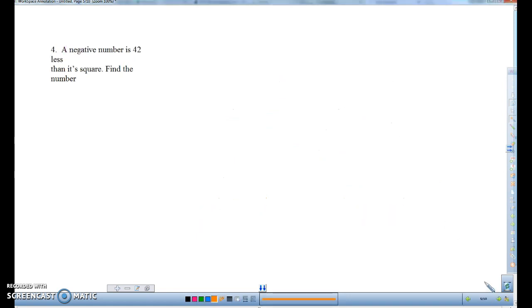So much in the same fashion, try this next one, number 4. A negative number is 42 less than its square. Find that number.